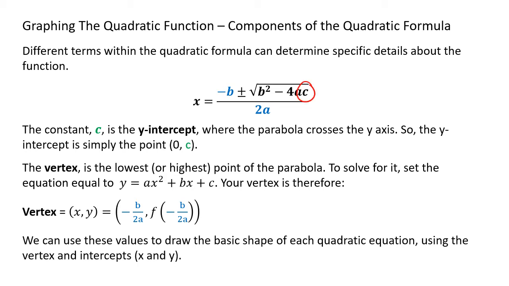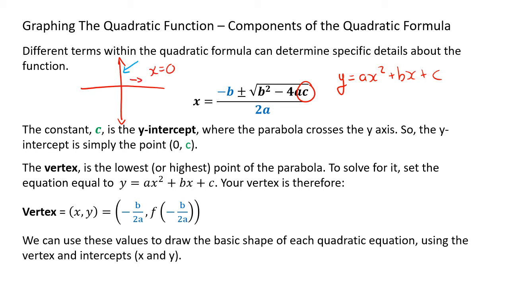The reason for that is, remember, our equation now is y equals ax squared plus bx plus c. That's the general form of the equation when we're not trying to find the x-intercepts. So remember back to our Cartesian coordinates, the y-intercept is where it crosses this y-axis here. And remember that all those points are where x equals 0, right?